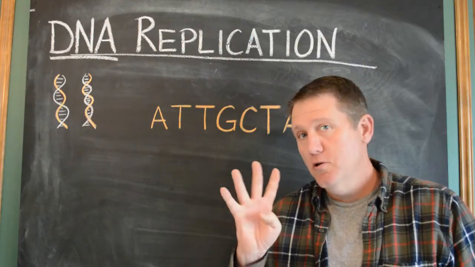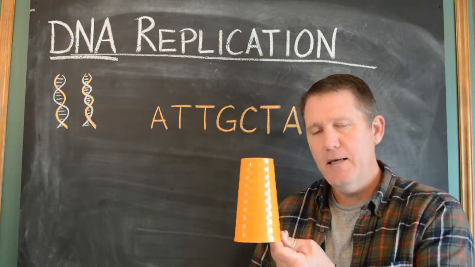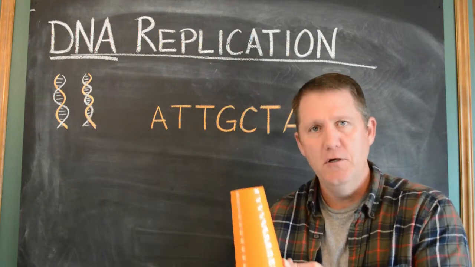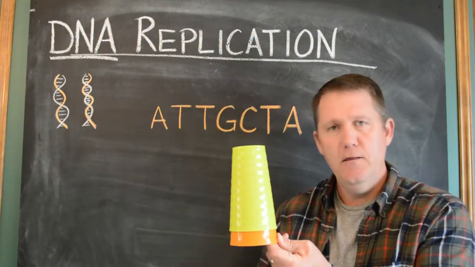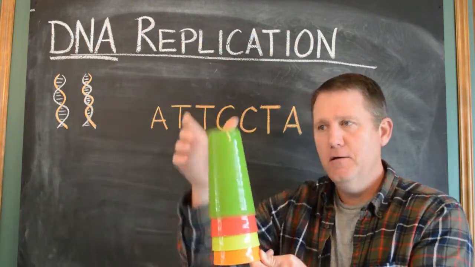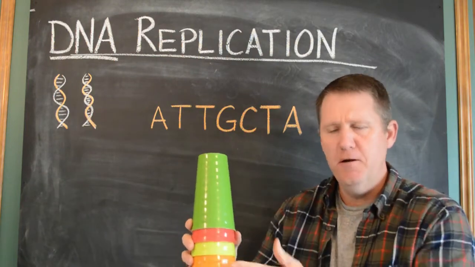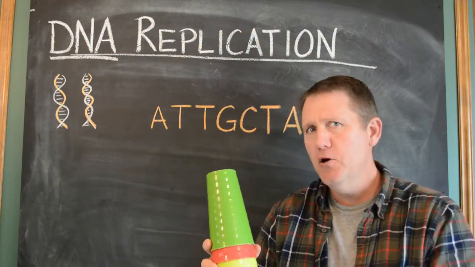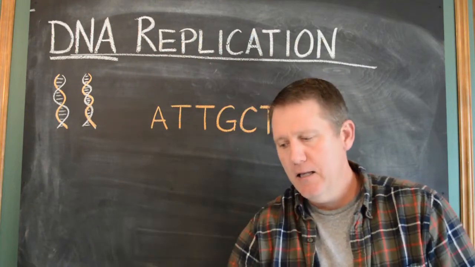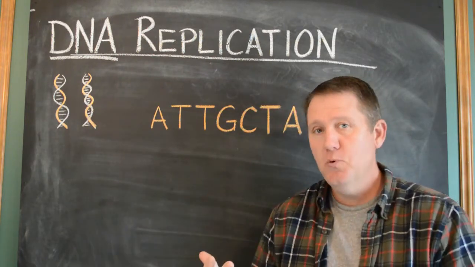All right, so those are the 4 monomers that get put together. It'd be like these different colored cups. So this might be the A, and then T could go with that, and the G, and the C. And they only go together in one direction, but they're all somewhat interchangeable. They just go together in a line. We also can symbolize it when we write it just with the letters.